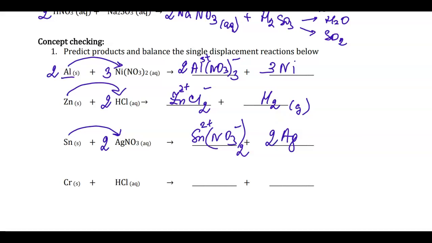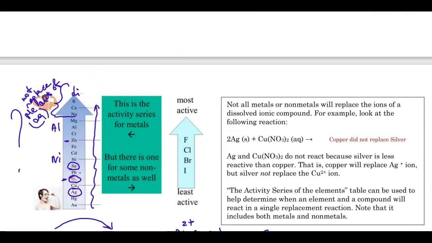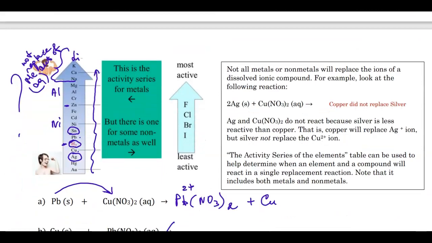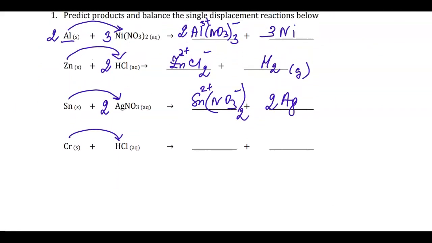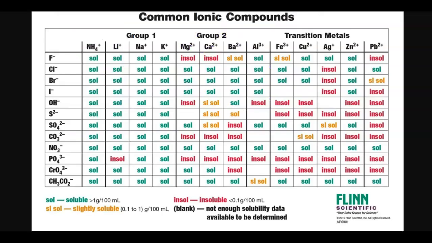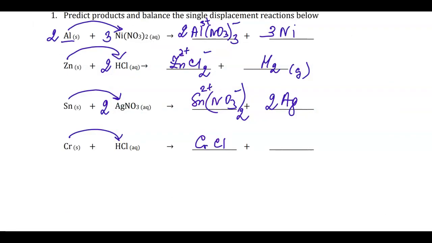And the next one, chromium and hydrochloric acid. So let's jump again to this chart. So chromium is here, upper than hydrogen, so that means that it can substitute hydrogen from out of our acid. So Cr chloride, solubility table shows us that its charge, I think your solubility table will give you, but it's 3 positive usually.